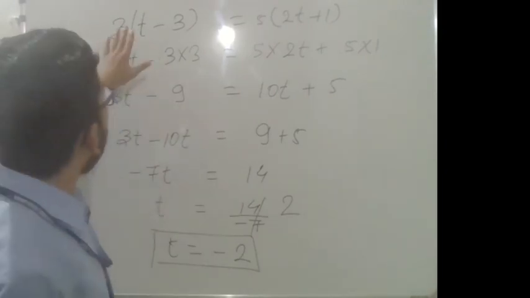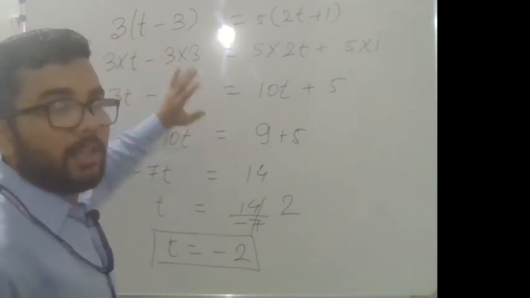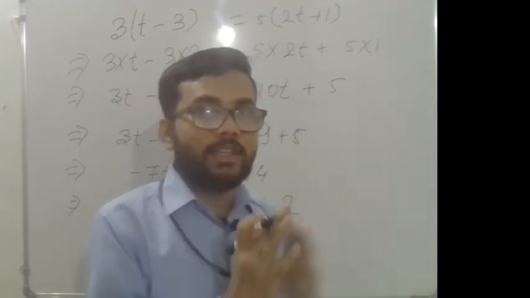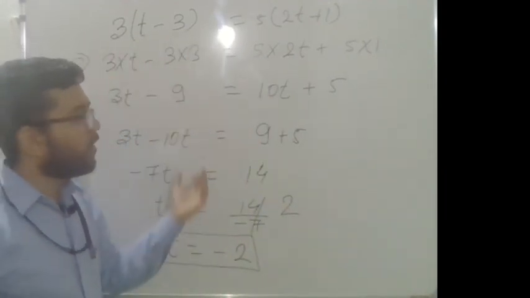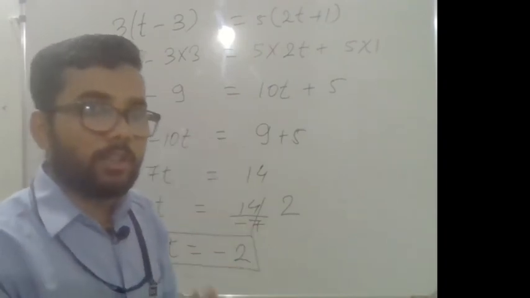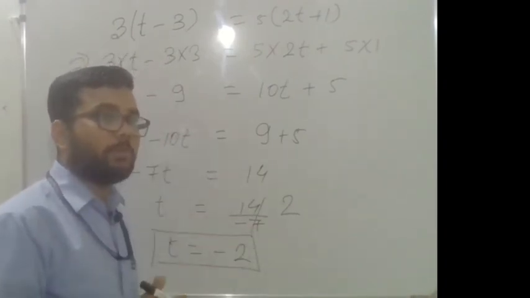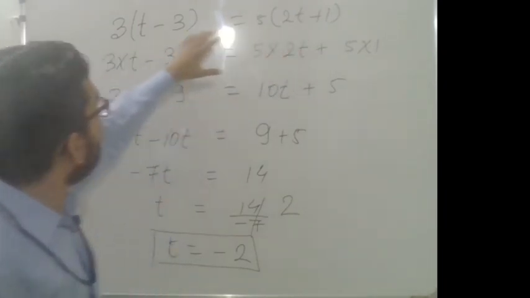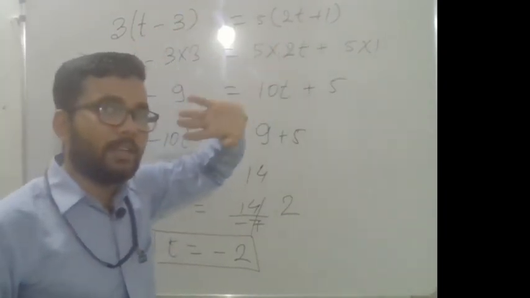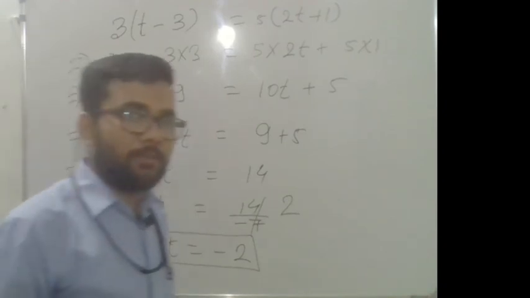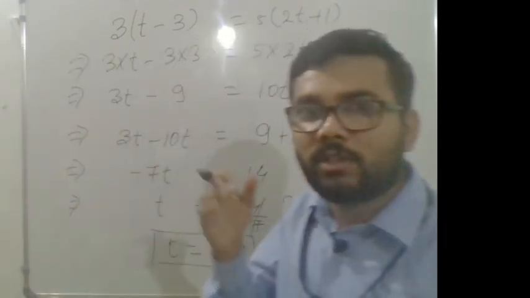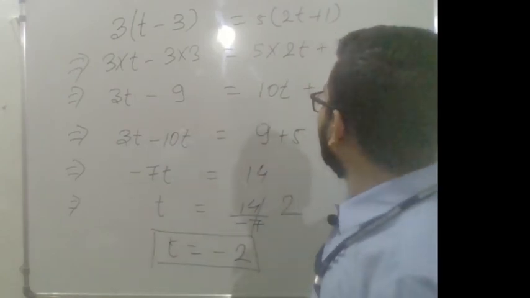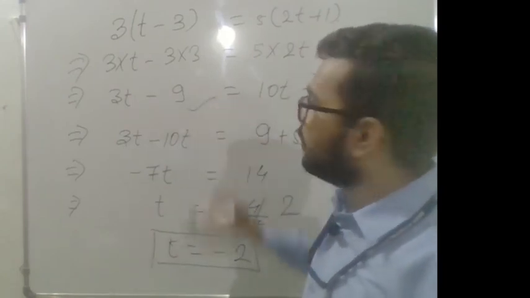You just first break the bracket. In the previous example, we have seen fraction equal to fraction, single term, where you just use the cross multiply method. If terms are in brackets like this, you just need to break the bracket first, then proceed to the solution. After breaking the bracket, you will get this step.